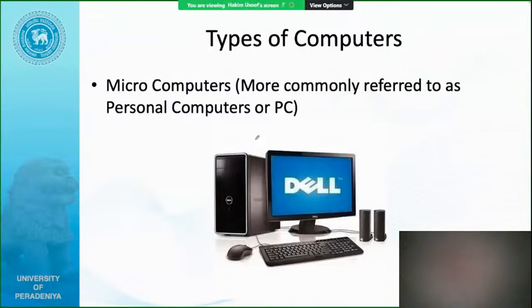So you must have heard AMD Ryzen, or Intel i5 or i3 or i9, right? 13th generation, 14th generation processors. You must have heard of these terms. They are all microprocessors, or microchips.